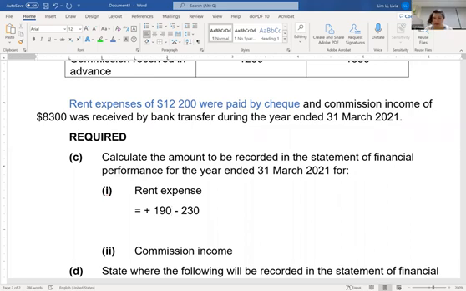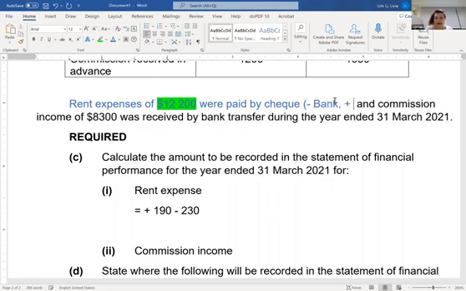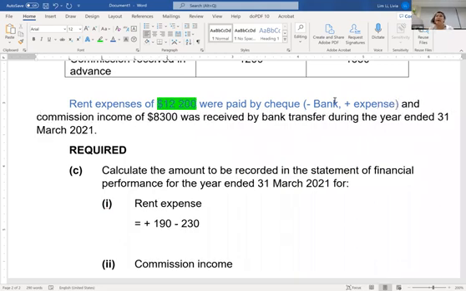These two numbers only. But I also know here that prepaid rent expense was paid by check. And if I pay something by check, what is the double entry? I record a minus bank and a plus expense.